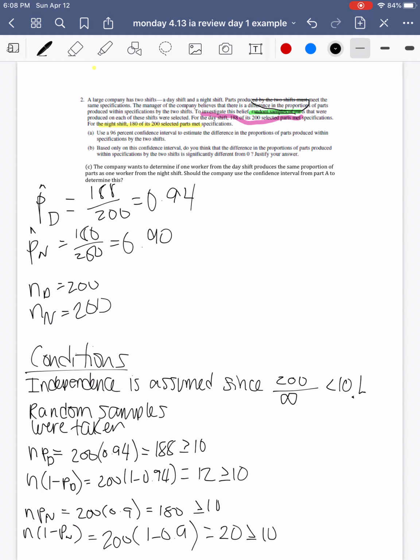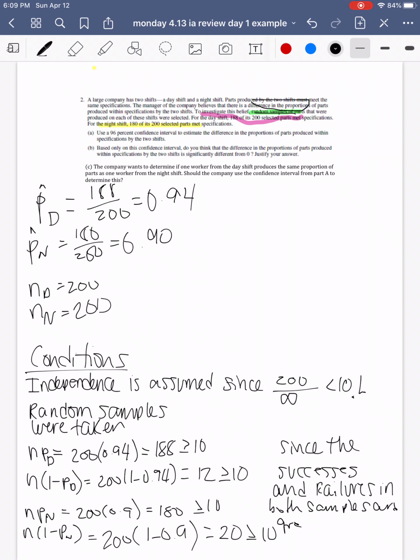So since the successes and failures in both samples are greater than 10, we can assume normality. Great. All right, so we've checked our conditions. We're good to go with those.